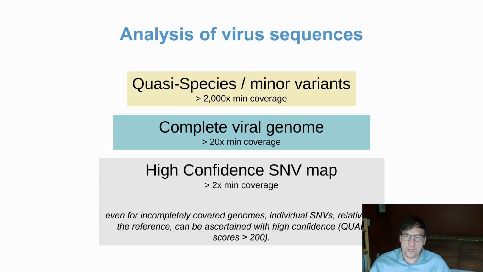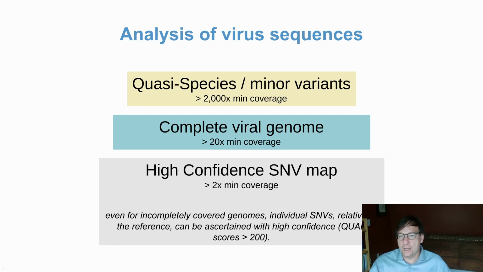Lastly, I want to spend 3 minutes on the analysis of virus sequences and the coverage that's needed. If we want to find minor variants, which is what HIV research is about, you need about 2,000-fold minimum coverage. We can get a complete genome by about 20-fold coverage.